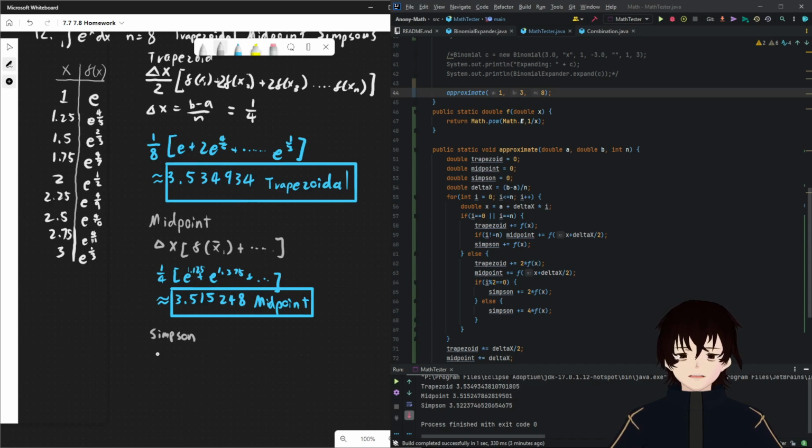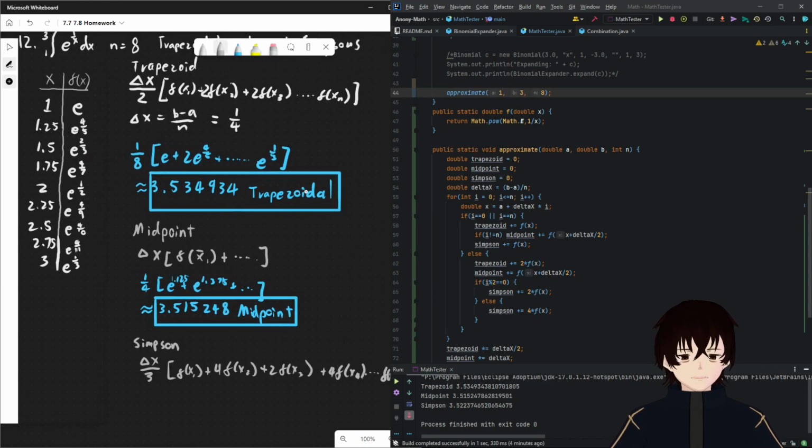Simpson's rule says it's going to be delta x times 1/3 times f of x1 plus 4 times f of x2 plus 2 times f of x3 plus 4 times f of x4, and so on until we get to f of xn.